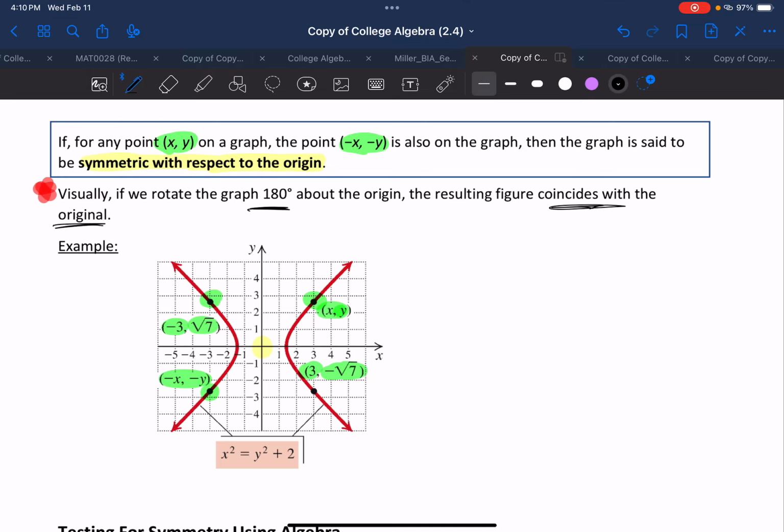So if you can visualize that, then that's another way that you can tell. But you can always use the relationship between the two points up here, between all pairs of points on the graph, to determine whether a graph is symmetric about the origin.